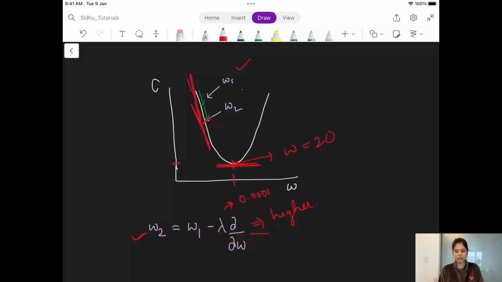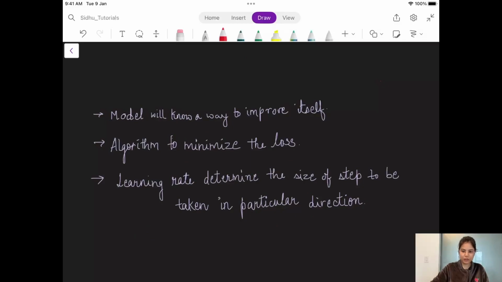So this is the most efficient point for the predictions. I hope you guys have understood how gradient descent works.